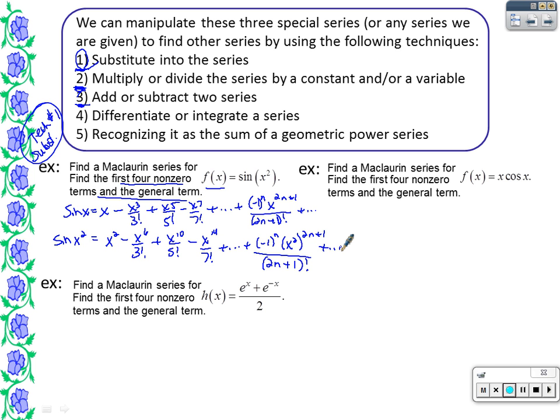So with this one, we're actually going to practice technique number 2. We're going to practice multiplying or dividing the series by a constant and or variable. So this one, we're going to practice technique number 2.